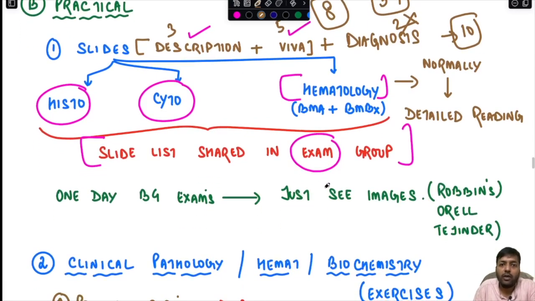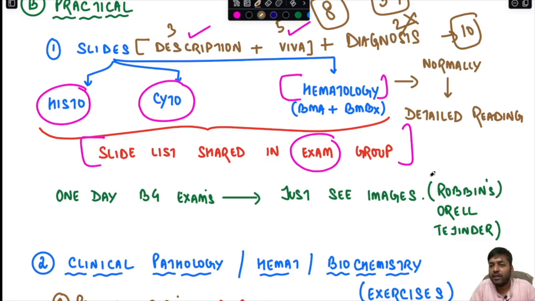Now remember, for the slides, how do you prepare? One day before the exam, you will not be able to go through all the notes, videos and everything together. So the best way before the exams is to train your eye. Suppose there is a chapter in histopathology, for example you are going through the kidney. In the kidney, you know which are the important exam slides. You just go through those images. That's it.